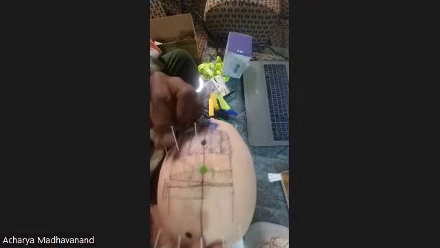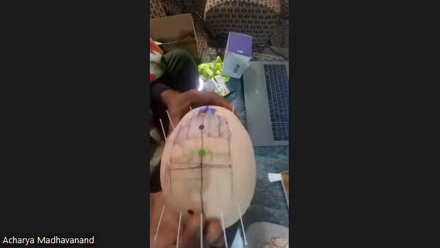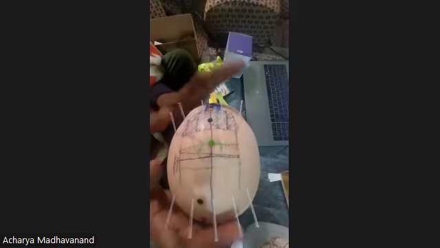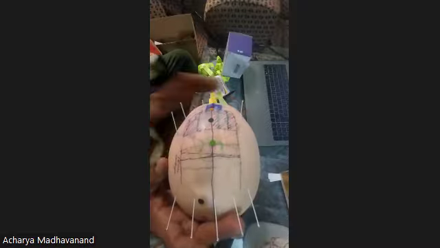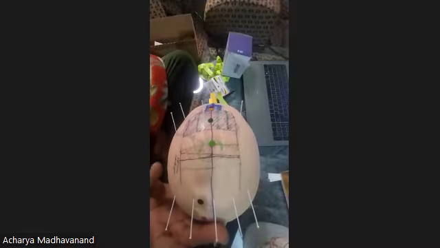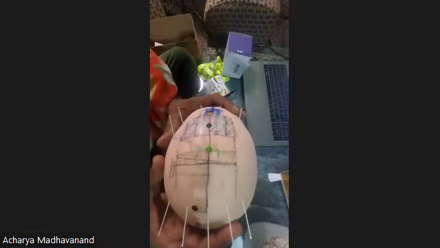And you can insert full needles, no problem. If you want to insert full needles, then you can use them. When you enter full needles, then it covers more area. Okay, sir. Any other question?